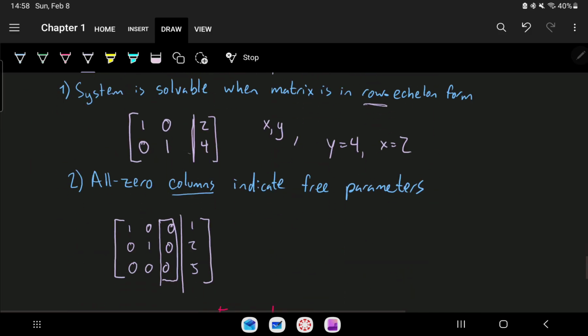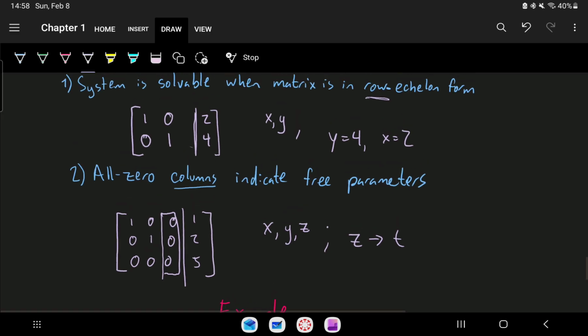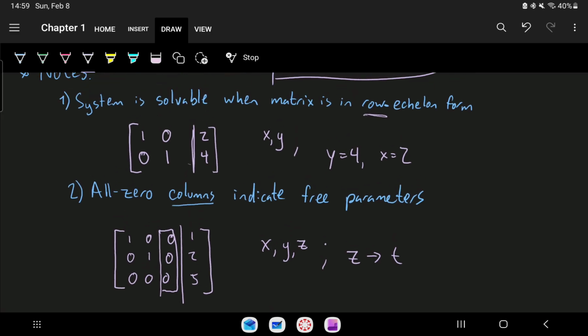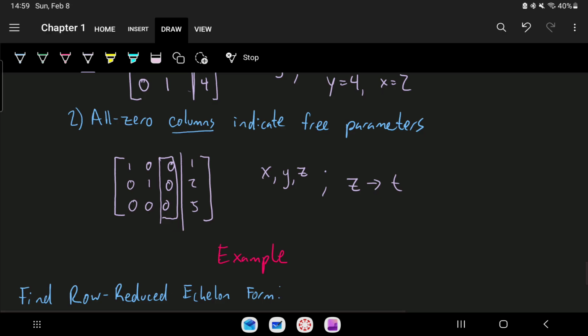So if this is an XYZ system, I know that Z must be a free parameter. We'll call it T, right? And then everything else is going to depend on that. So those are just a couple little things to keep in mind as you're working with these. And the more that you do these systems, the more you're going to start picking up on patterns like that and understanding it. But I feel like having it in mind sometimes might help.